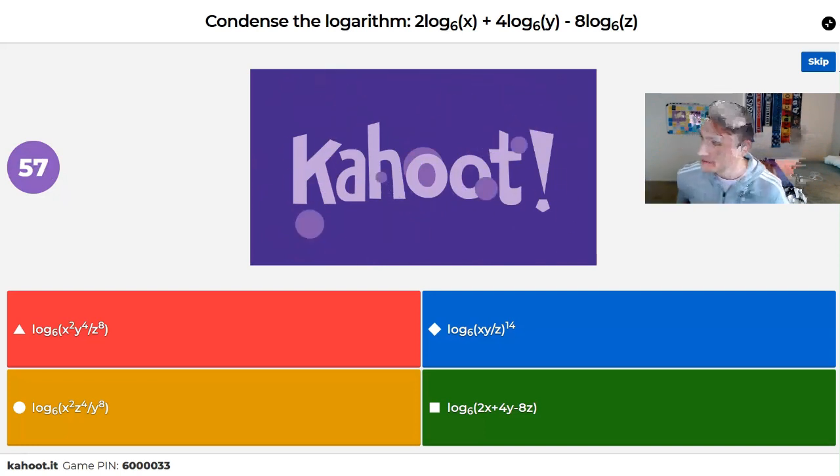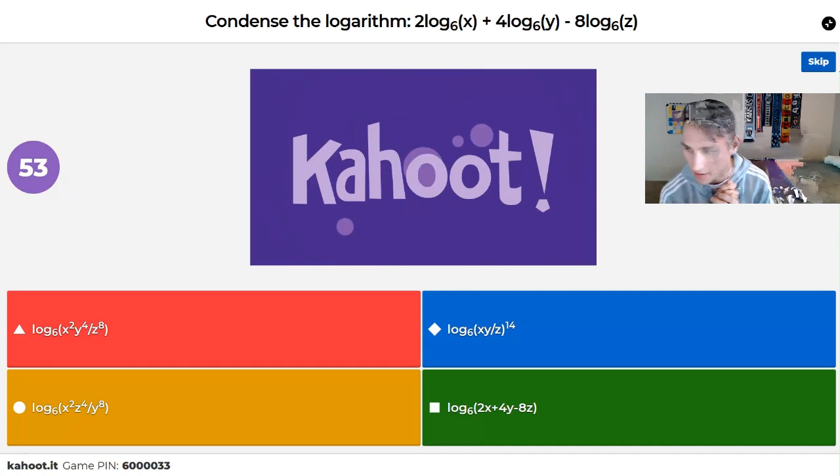Condense the logarithm. So using those properties to combine the logarithm together into one.